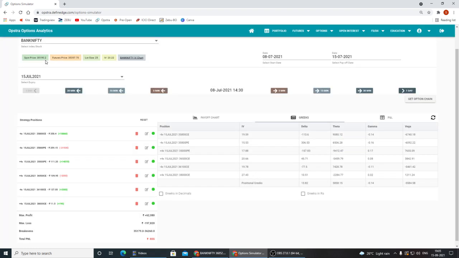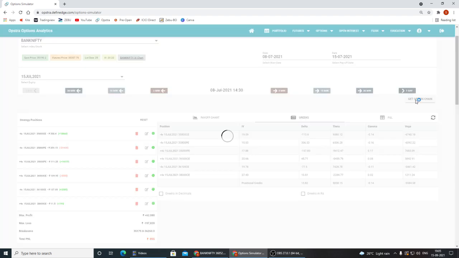The market keeps on coming down. So here we are going to manage the vega. How much is the vega? It is minus 5,500. To manage the vega, we are going to simply buy a put option.